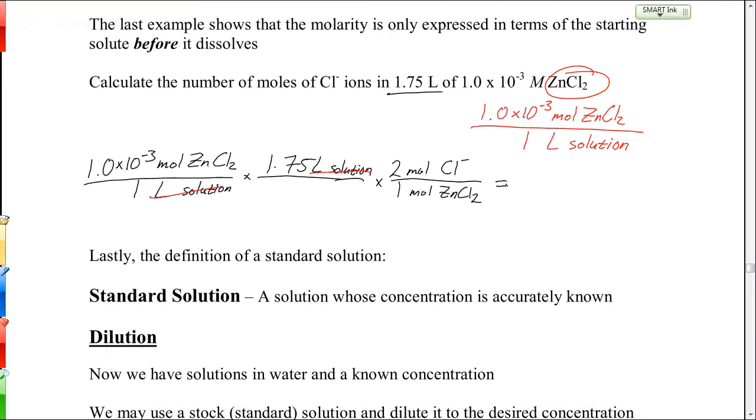So 1.75 times 2 is 3.5, right? Yeah, 3.5. And 3.5 times 1 times 10 to the minus 3 is 3.5 times 10 to the minus 3.